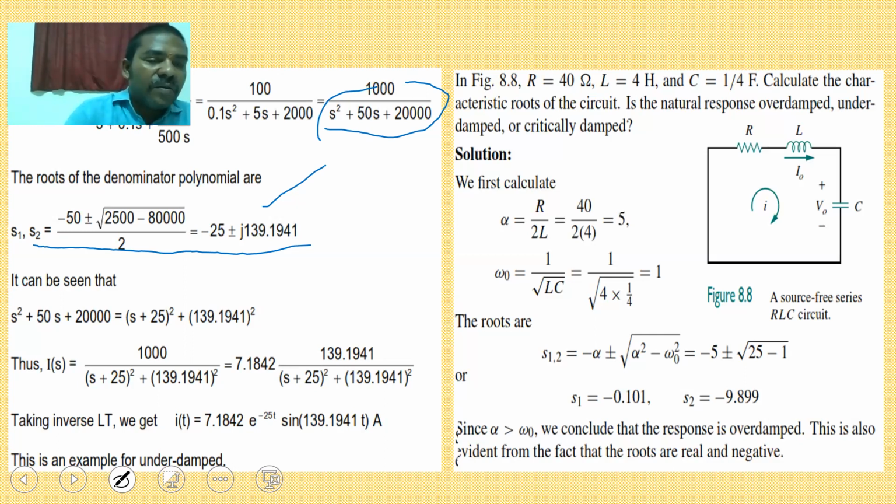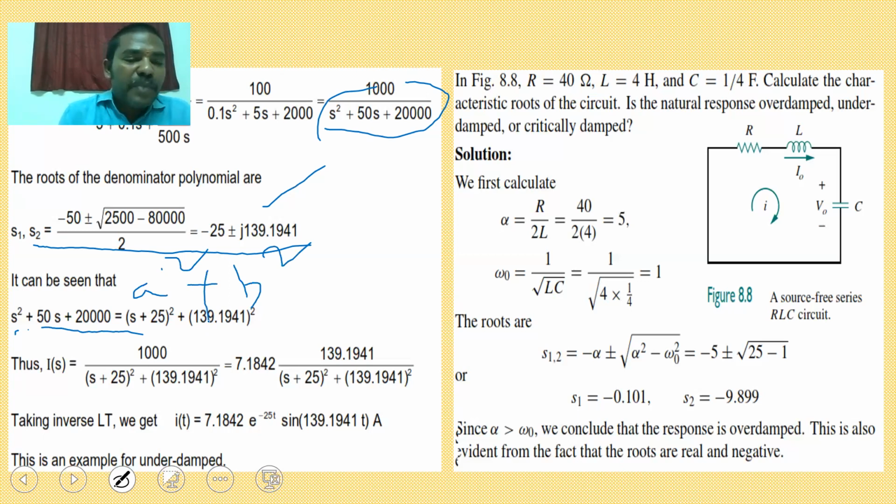Now this s² + 50s + 2000 you can write as (s + 25)² + 139.1941². So that is a² + b², and you can write it as (a − jb)(a + jb). Like that also you can go for the calculation.